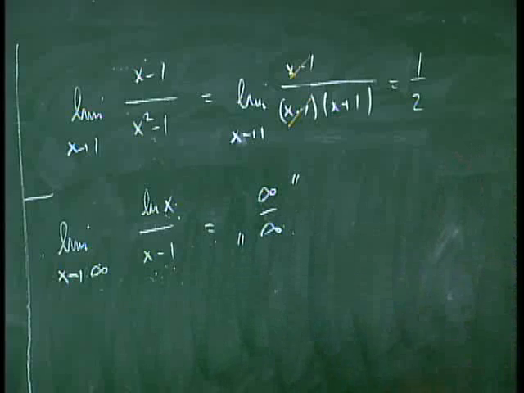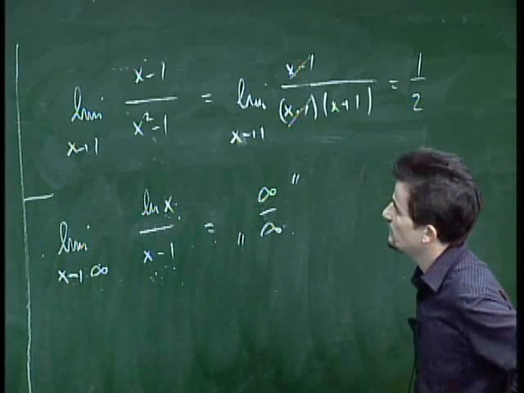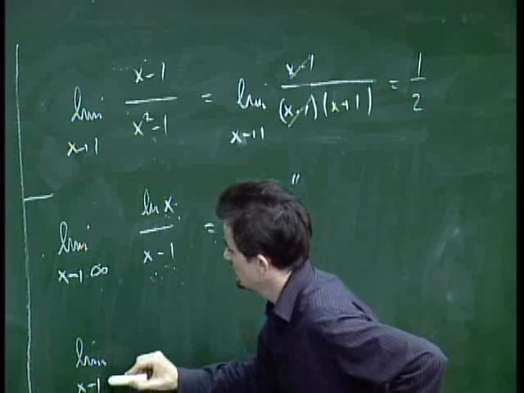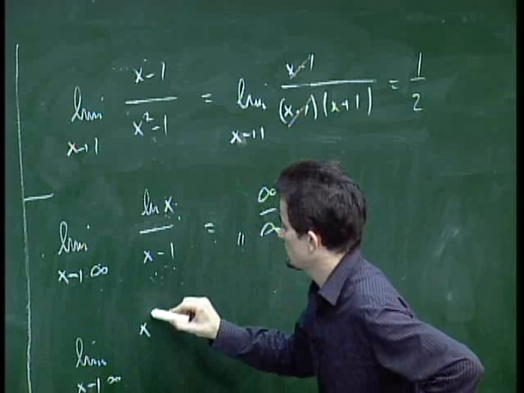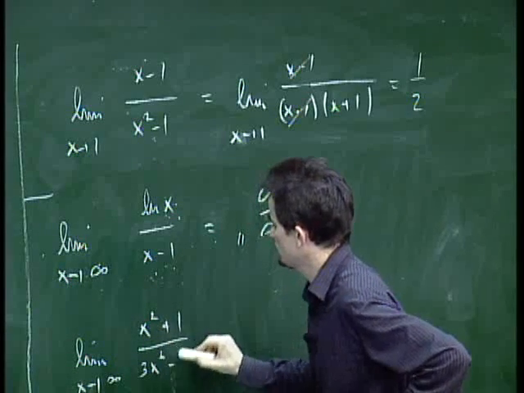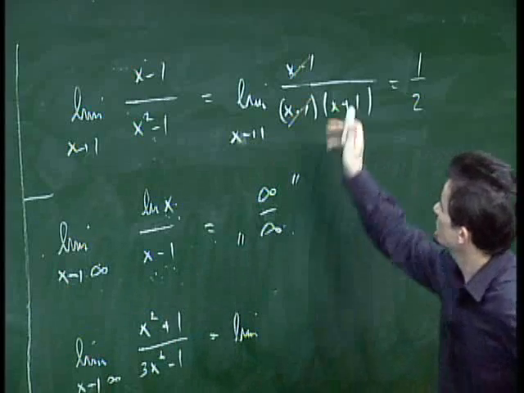Also for such indeterminate forms, we saw examples where we could use tricks to handle them. For instance, x squared plus 1 over 3x squared minus 1. The trick we used is a little bit of the same flavor.